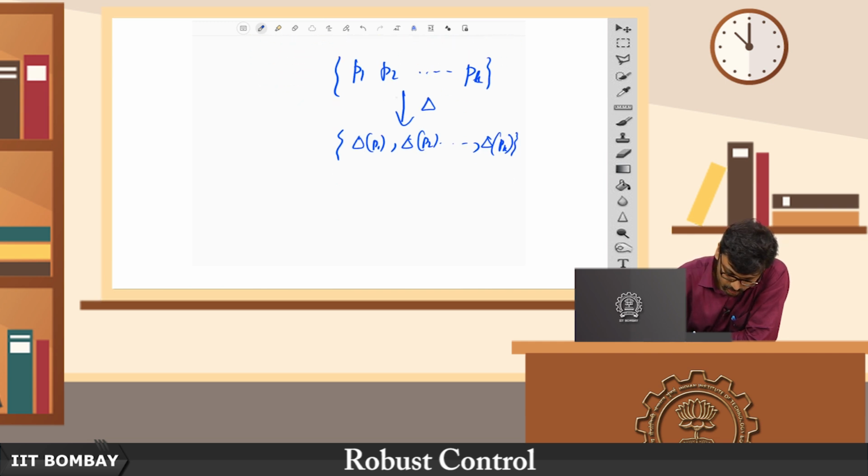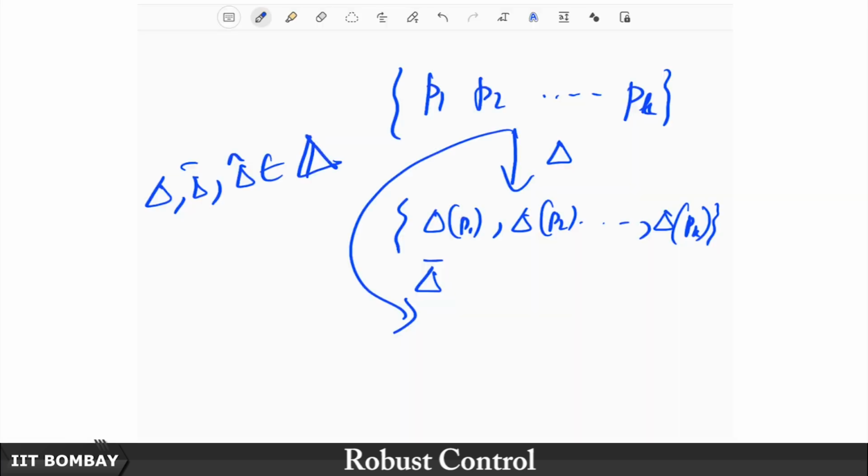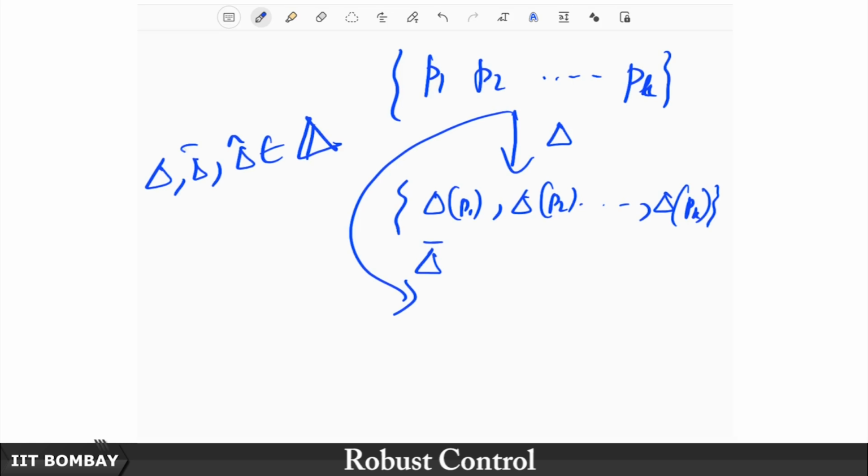Similarly, you pass this through say delta bar, right. So, delta, delta bar, maybe delta hat, they all belong to this big delta. Okay. So, let me not just use subscripts, because as I said these are not necessarily countable. So, this leads to the set delta bar P1, delta bar P2, likewise till delta bar Pk.